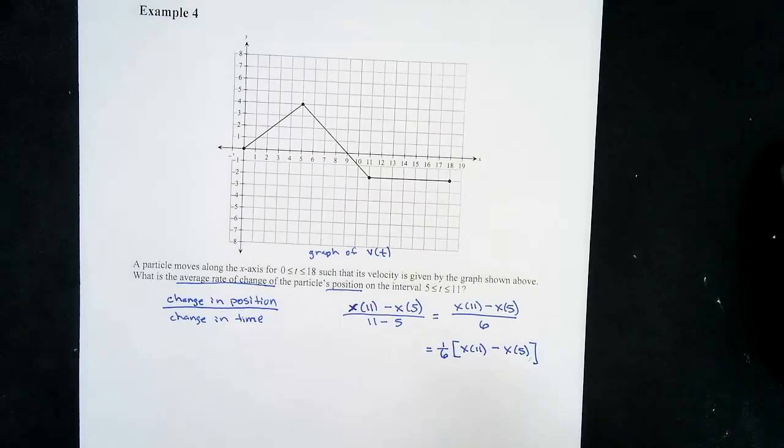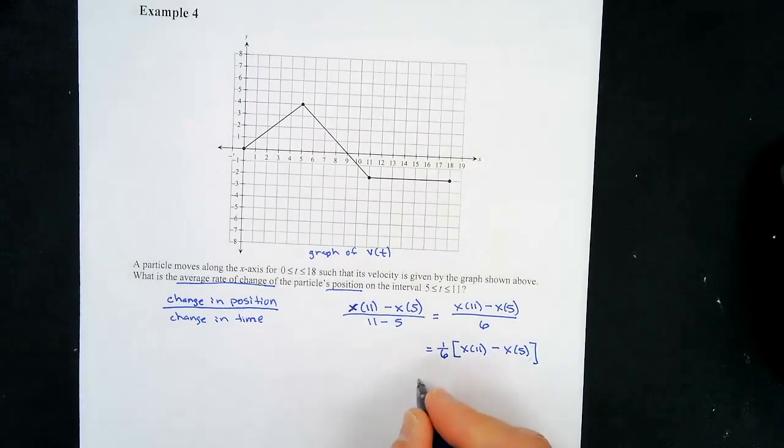Well, what we can do is change this and realize, when does this happen? And it just happened earlier, right? In the prior examples, this change in position is actually the integral of velocity between 5 and 11.